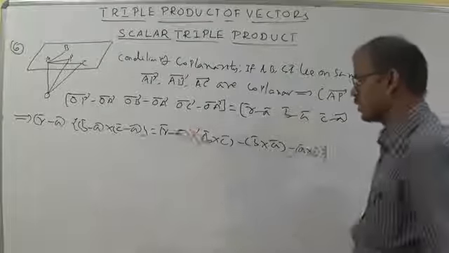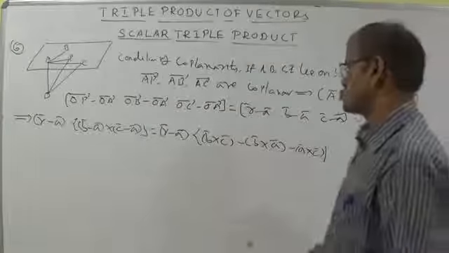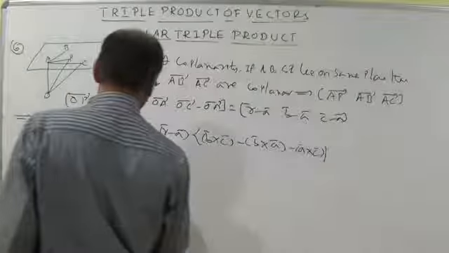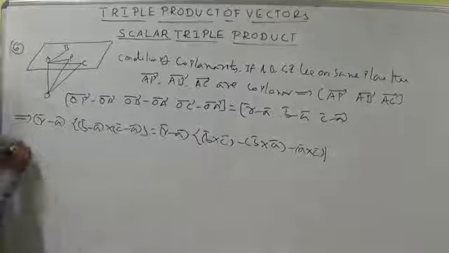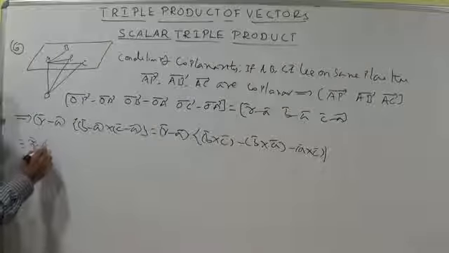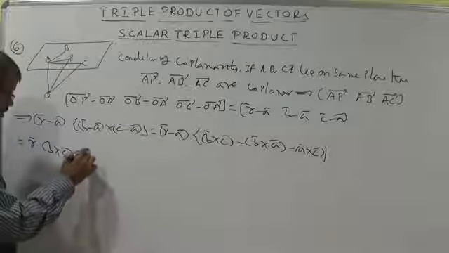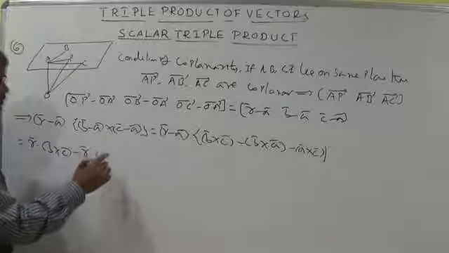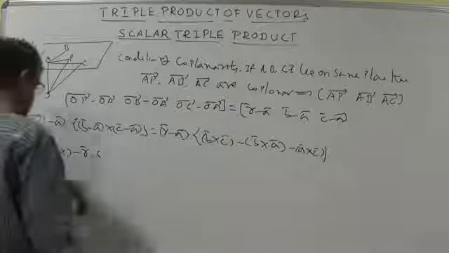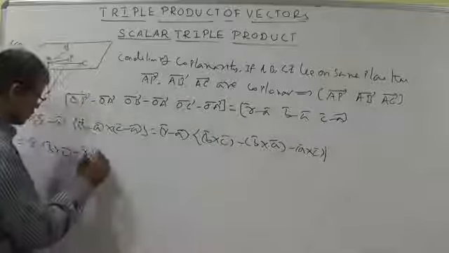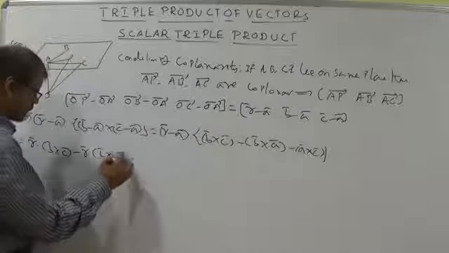Later there is no need to write A cross A is 0, we know that. Next you multiply the vector R with everything. That is equal to R bar dot B bar cross C bar minus R bar dot B bar cross A bar.